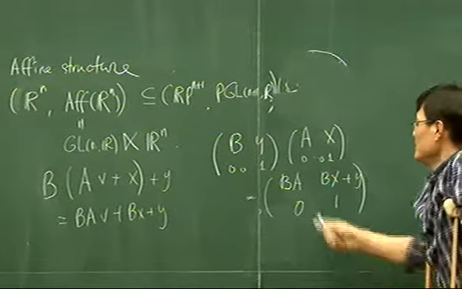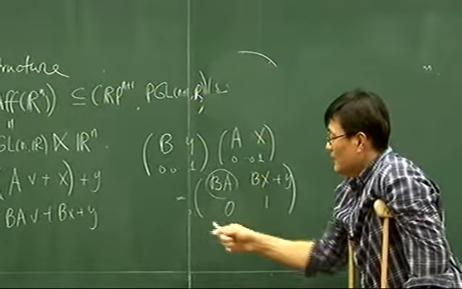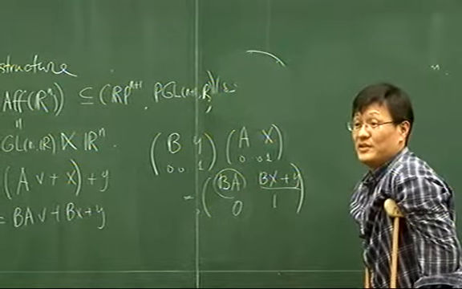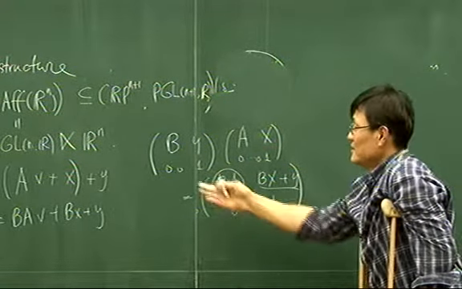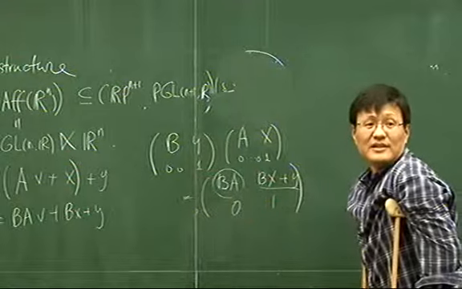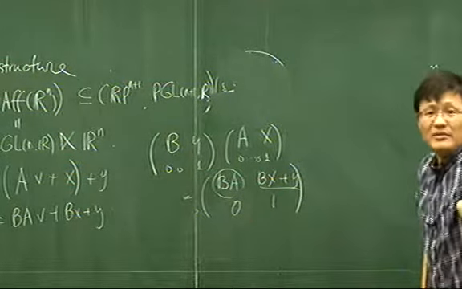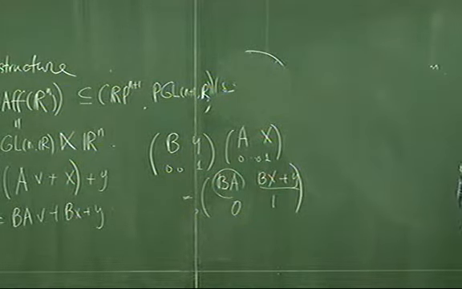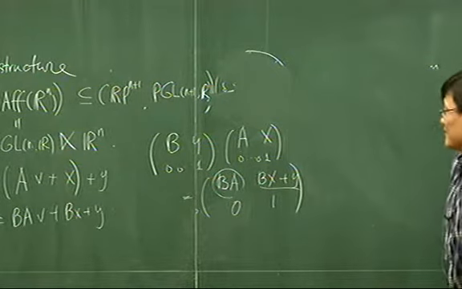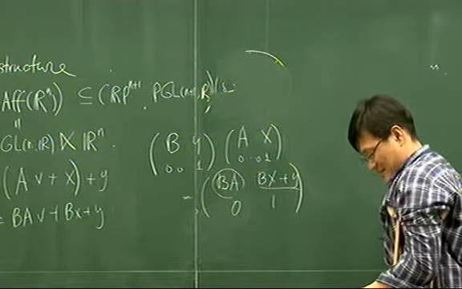So this is a linear part, and this is a translation part. So this affine action can be written as an n plus 1 by n plus 1 matrix equation.